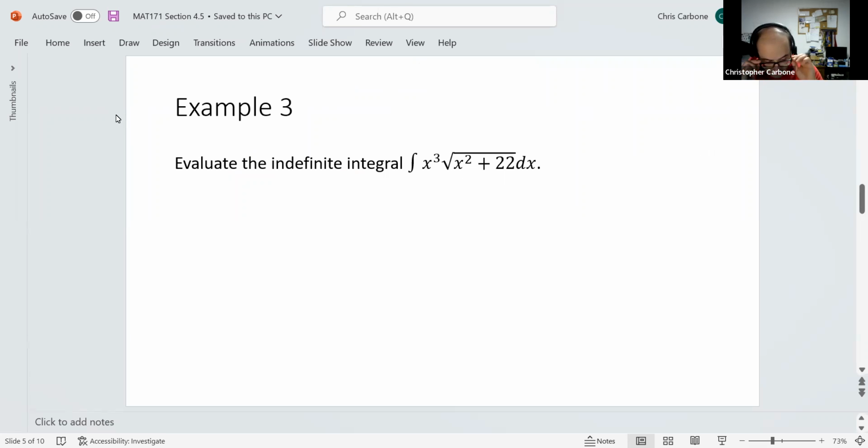And here's another one. Indefinite integral, the integral of x cubed times the square root of x squared plus 22 dx. So for this, we're going to let u be x squared plus 22. And because of that, we can also slightly manipulate this to be that x squared is equal to u minus 22.